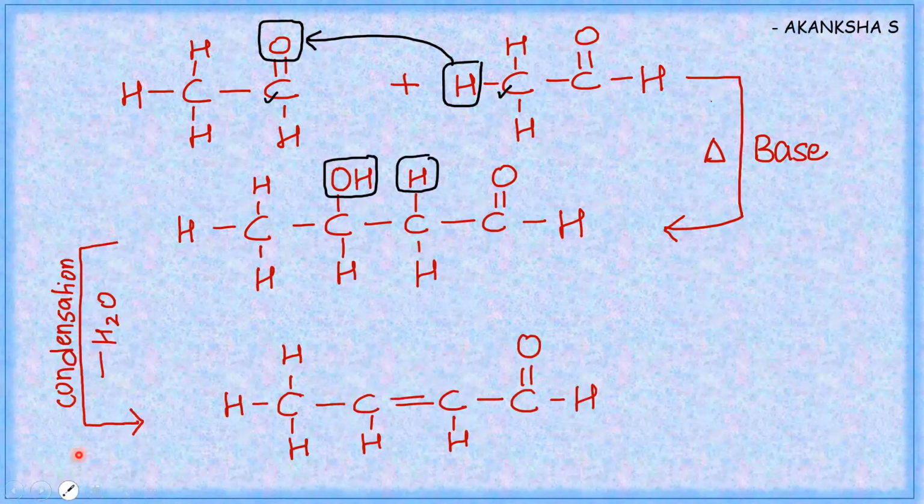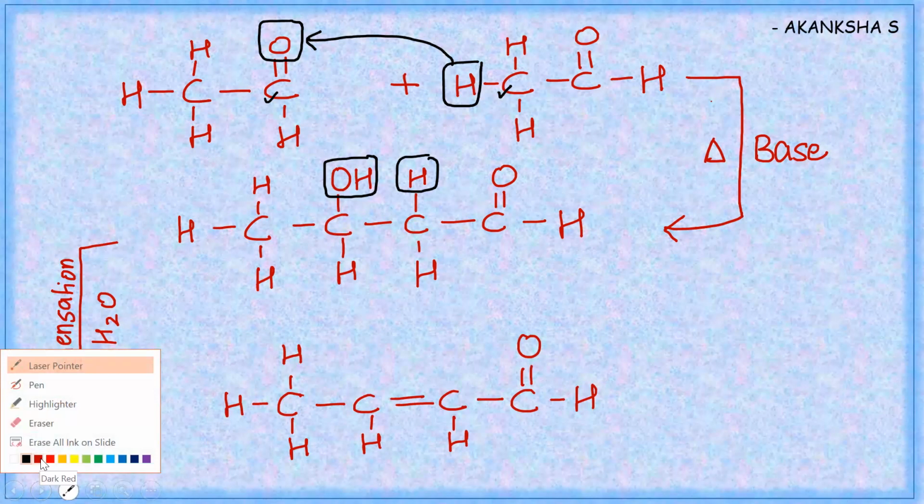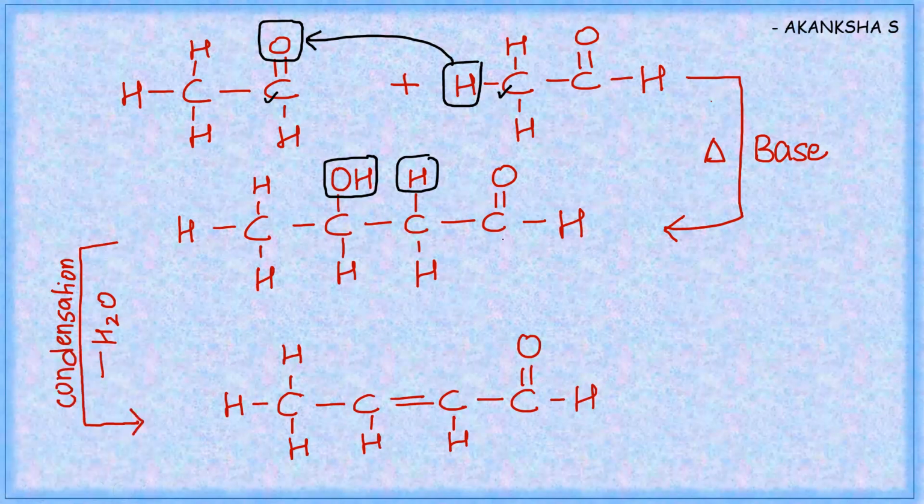Now see the beauty over here. We have an aldehyde group in the second structure, and we have a hydroxy group or an alcoholic group in the second structure. So we call such a structure an aldol, a compound having aldehyde as well as alcohol or hydroxy.